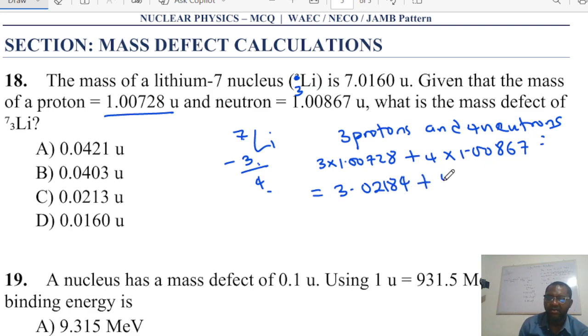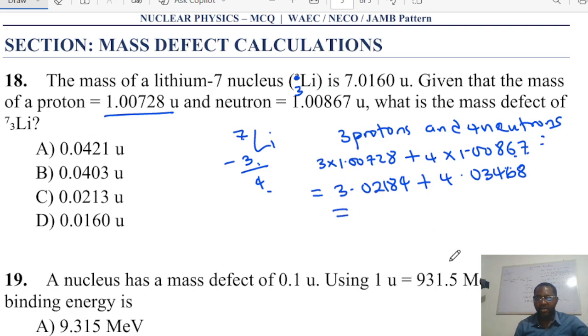Then plus this, which is going to be 4.03468.